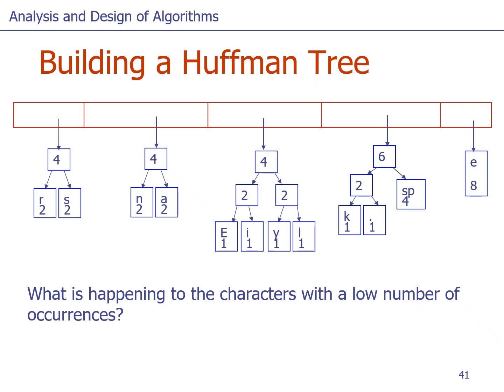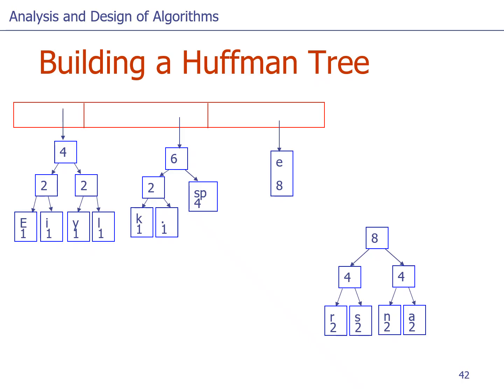What's going on here? Are they being pushed downward or upward? It looks like they're being pushed downward, right? So let's see why. Let's continue, and then you will see why.